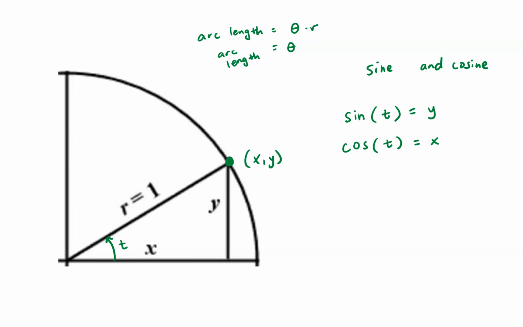Now, if you're like me and you're very forgetful, this mnemonic device might come in handy for you. It's pretty ridiculous, but this is how I remember which coordinate is associated with which trig function.